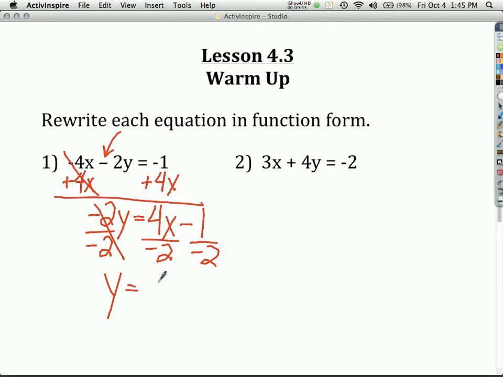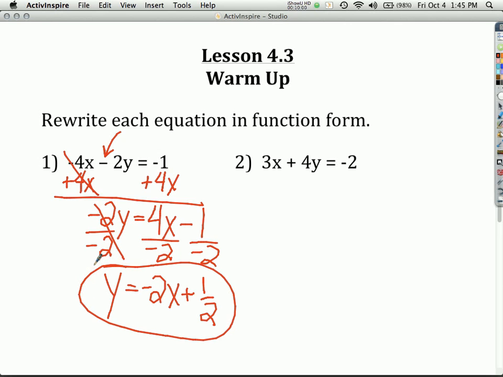It's negative 2x. And a negative 1 divided by a negative 2. Top is negative, bottom is negative. That means positive 1/2. And that is the solution for this one. Comments or questions on number 1?